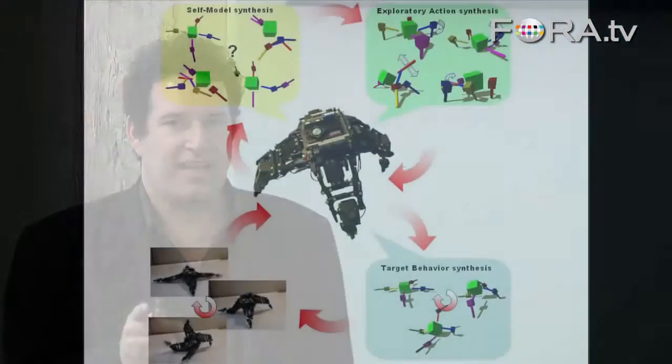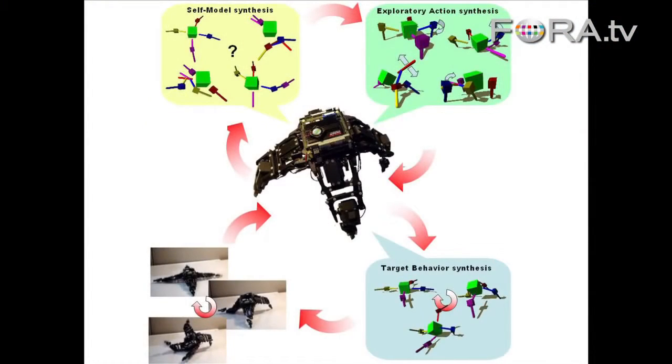Now, here comes the tricky step. It then looks for the next action to do. That's in the green box. The next action to do that causes the most disagreement between predictions of these models. Why the most disagreement? It's like a scientist designing an experiment that causes the most disagreement between predictions of 2 competing theories.